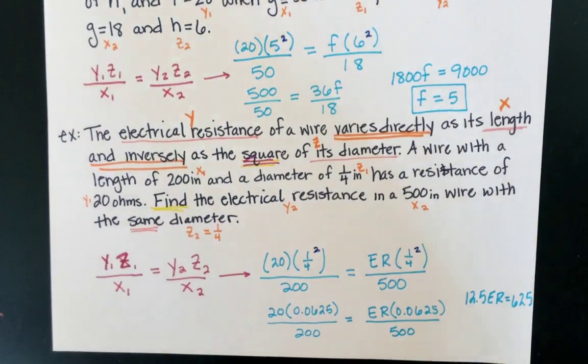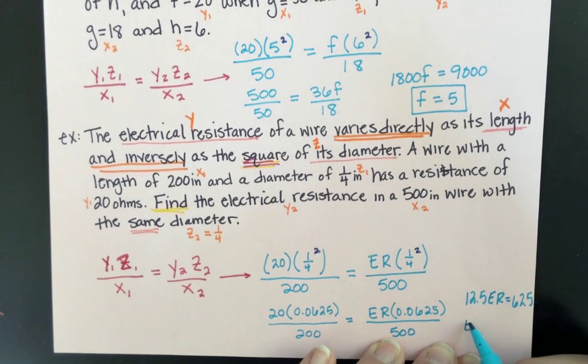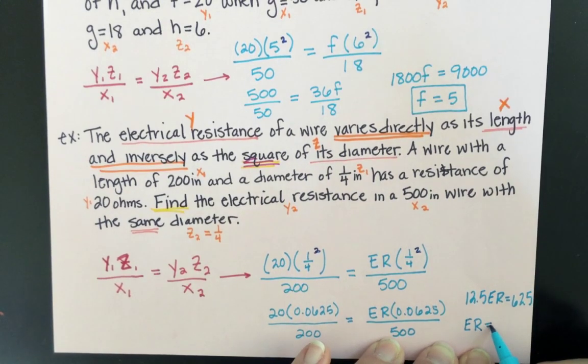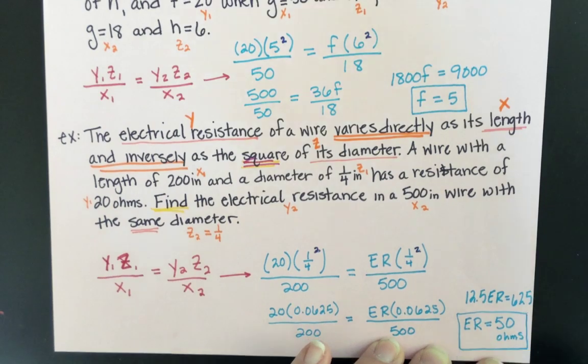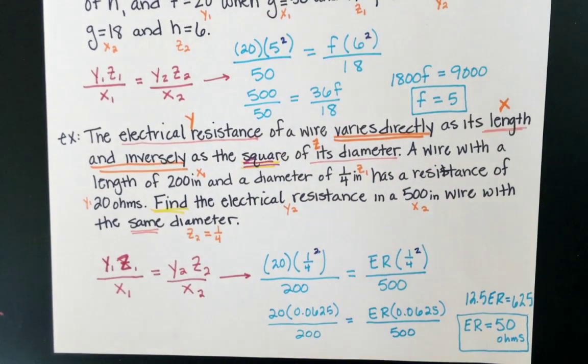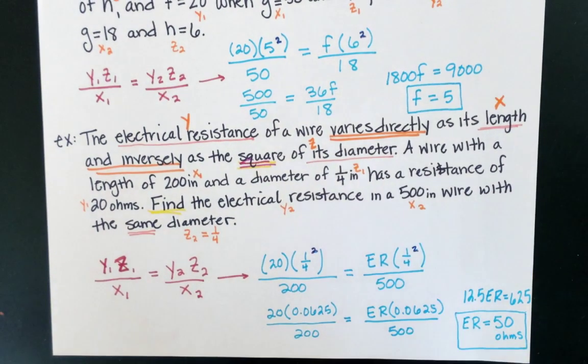And when we divide, we find that our electrical resistance is 50 ohms. Meaning this guy can actually hold up to more electricity than the first one.